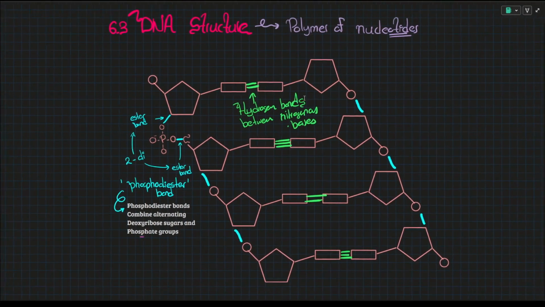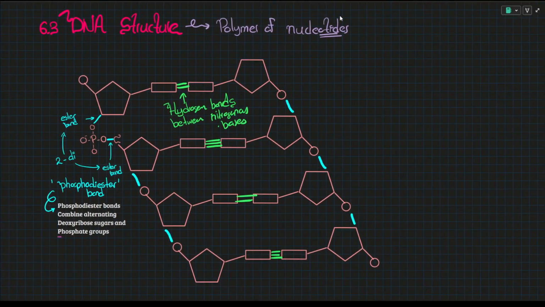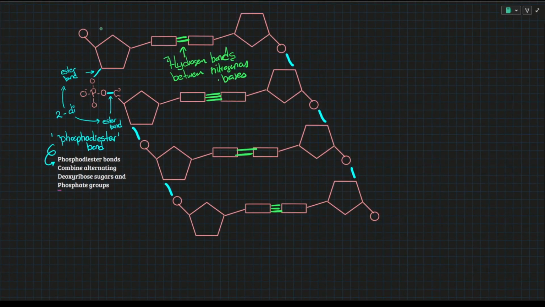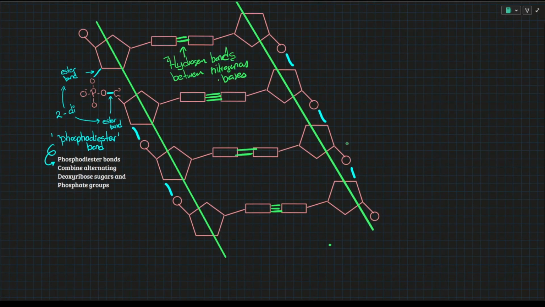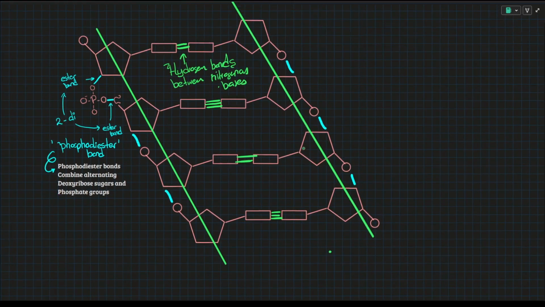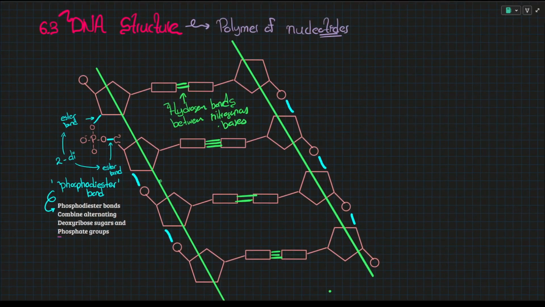Now you see, this phosphodiester bond is going to hold this molecule together. And then here we have the sugars. These molecules will be held together by a phosphodiester bond each as well. But the only thing that's forming this ladder, meaning this linkage, is the hydrogen.